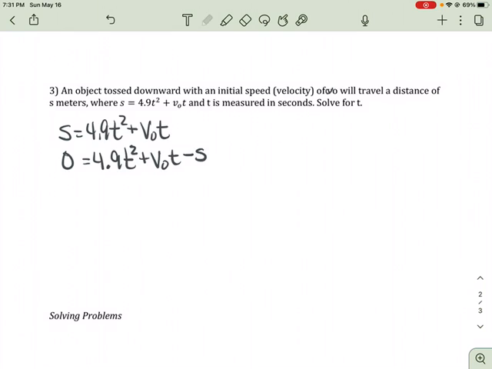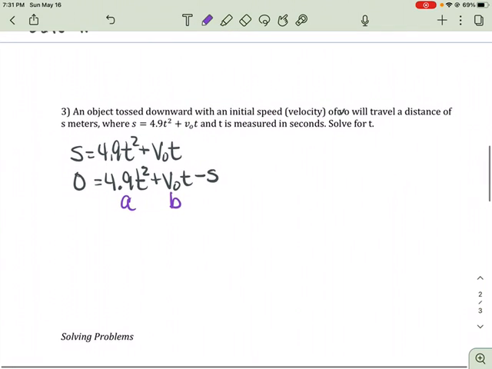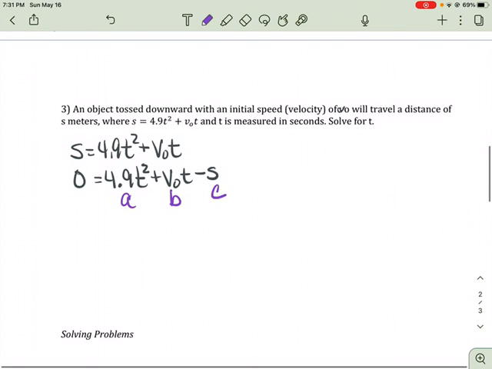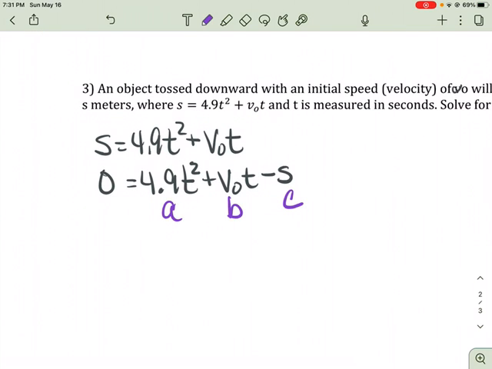All right, so let's do a, b, and c. Here, because it's a formula, we are going to have letters, which we don't usually do.